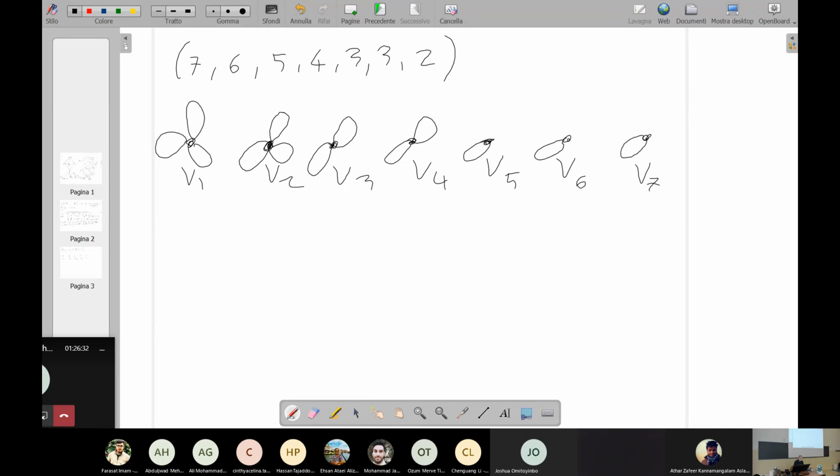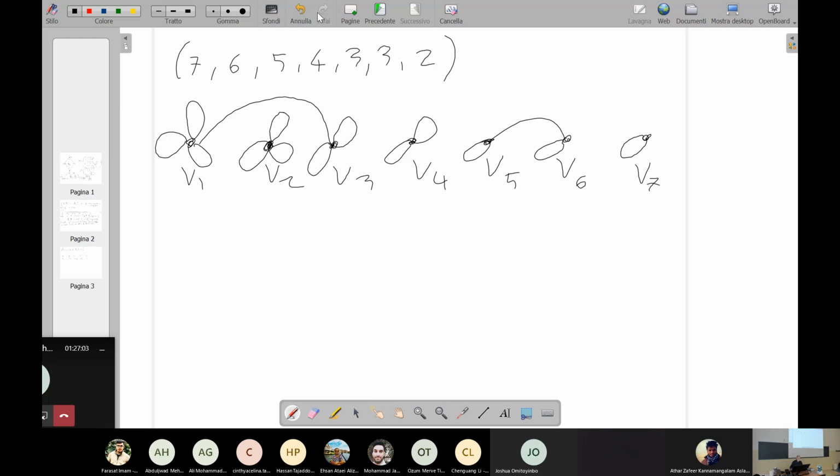And then where am I left with an empty valence? Here, V1, 7, and the next one is V3, so here. And then V4 is all right like this, and then here and here. Here it is. But it's not just a solution for this particular sequence.